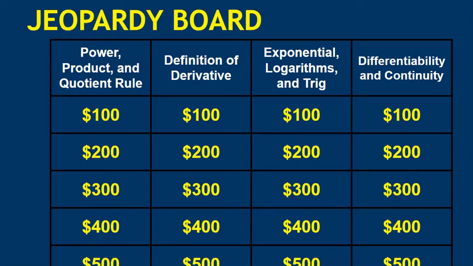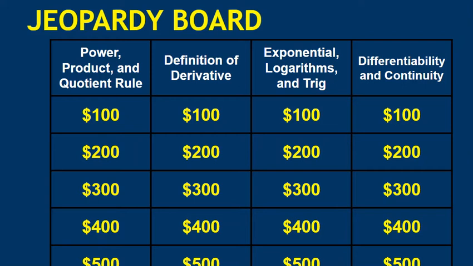So we'll let group one go first. Our categories are product, power, and quotient rule, definition of the derivative, exponential, logarithms and trig, differentiability, and continuity. Those are all of our topics that are on our test.